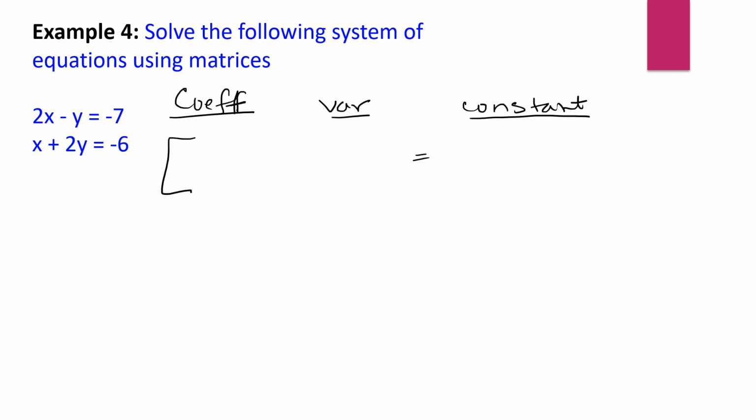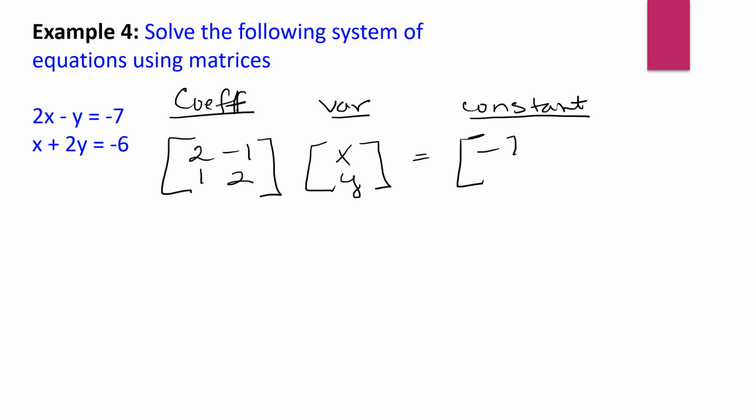So my coefficients are 2 and -1, 1 and +2. The variables again are just x and y. I have a system of 2 linear equations, and the constants are -7 and -6.